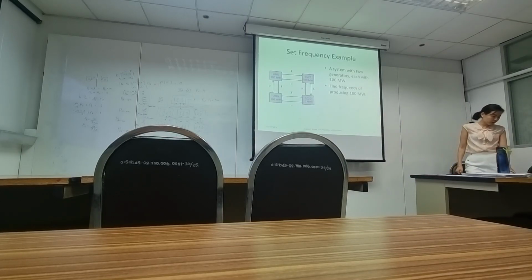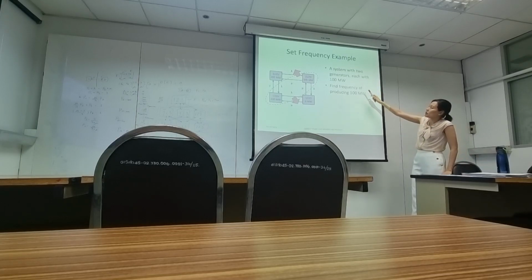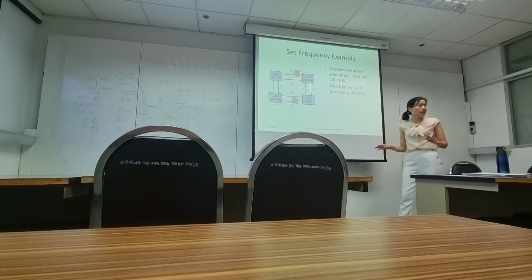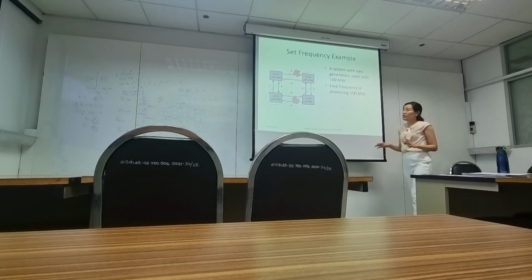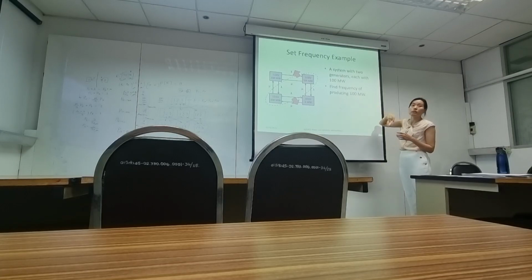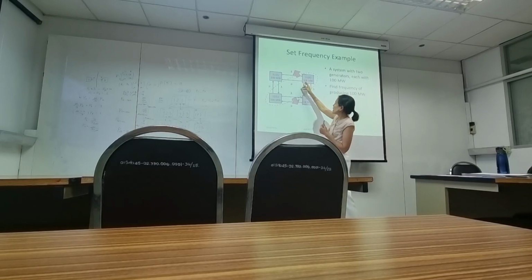So in the set frequency, you can calculate the example here. You have 2 states. You wanted to find the frequency of producing 100. Every time you do the frequency, first draw the boundary. What is the boundary? You want to know producing 100, so you draw the boundary around where you see the states producing 100. In this case, a 2-unit example, each unit of 100.